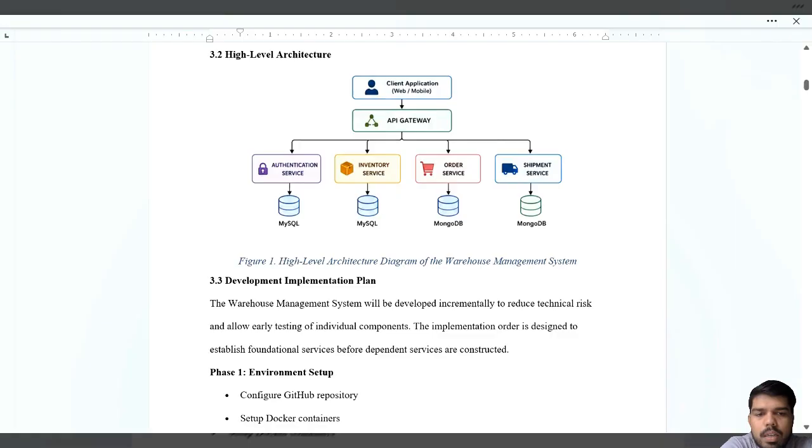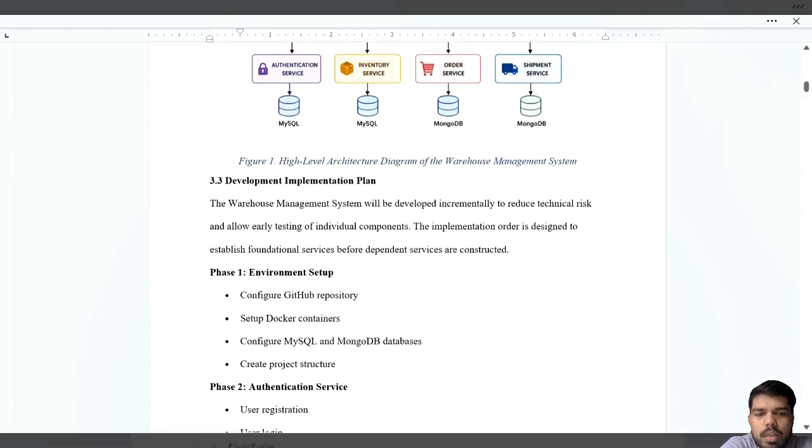The API gateway acts as the single entry point into the system and routes requests to the appropriate service. The services include authentication service, inventory service, order service, and shipment service. Each service maintains its own database to ensure services are independent. This design improves scalability and reduces the dependency between the services.